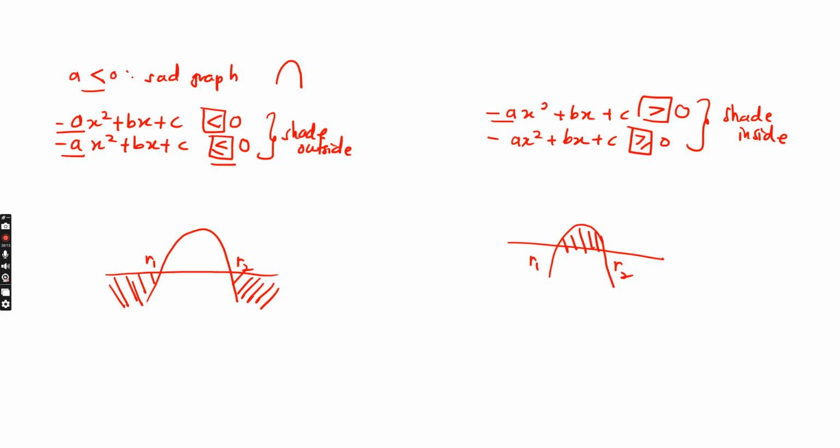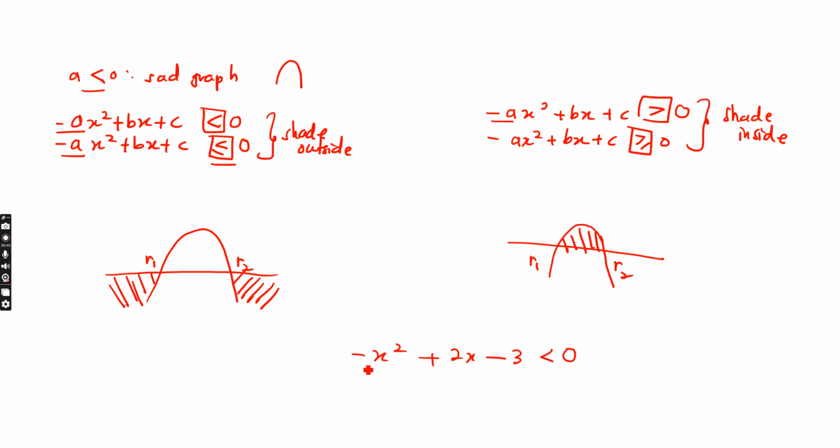Okay, so this is for the sad graph, and the previous one I showed you is a smile graph. But usually we actually don't really use a sad graph. If the quadratic function is negative, or a sad graph, the value of a is negative, and obviously you know that it is a sad graph. So what you need to do is multiply the equation to make it positive. Let's say we have negative x squared plus 2x minus 3 less than 0.